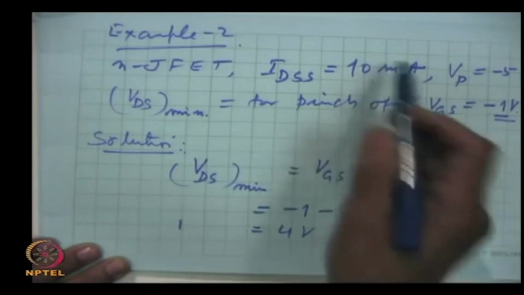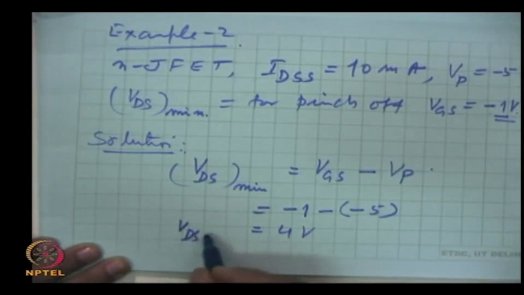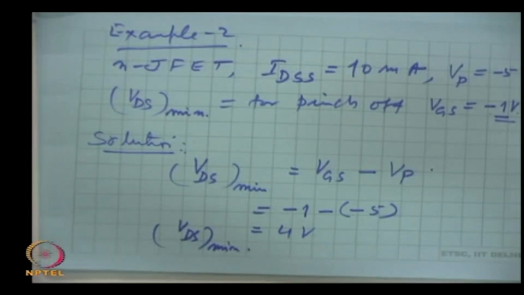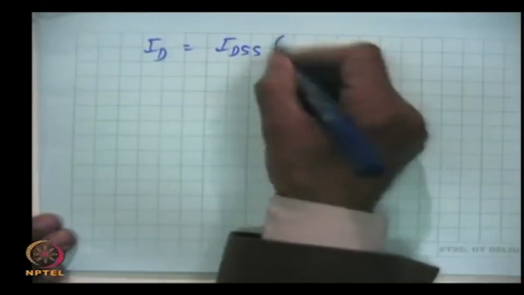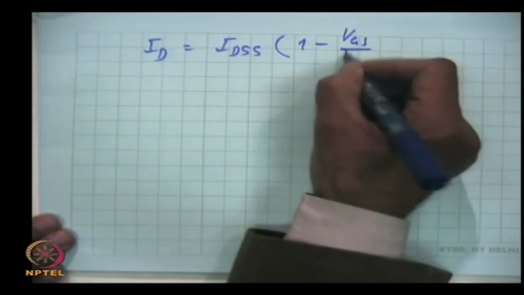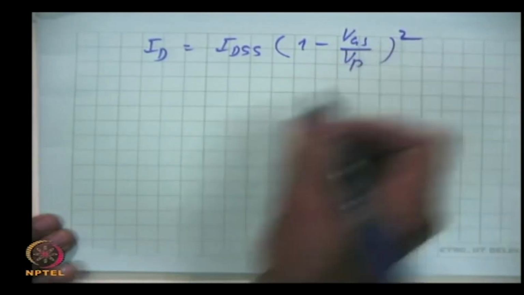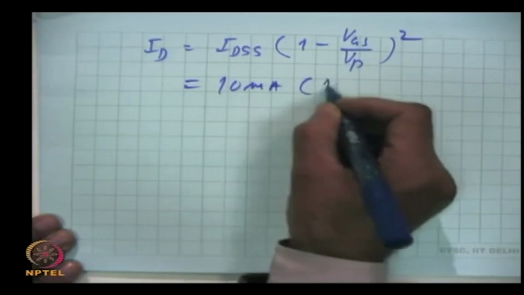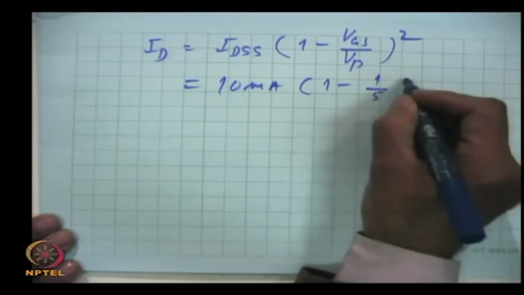Under this condition, a drain source voltage of 4 volts will pinch off the channel, and if we have to find out the drain current here at the pinch off, then the drain current again we can find out, IDSS (1 minus VGS by Vp) square, and this we can find out, 10 milliamperes (1 minus 1 by 5) square.